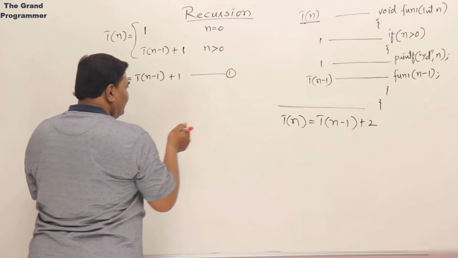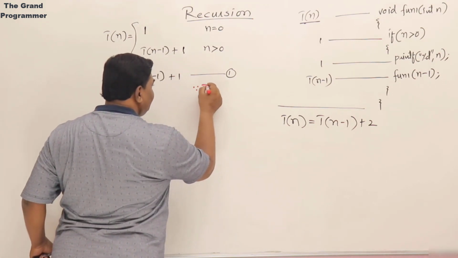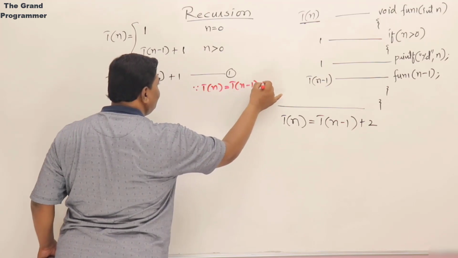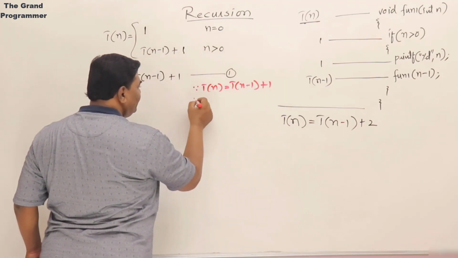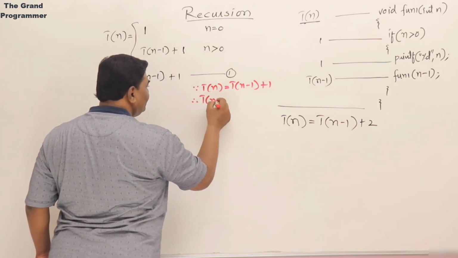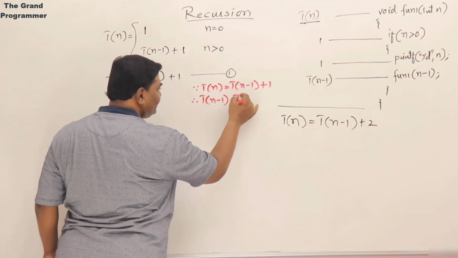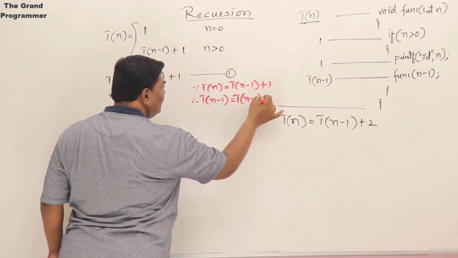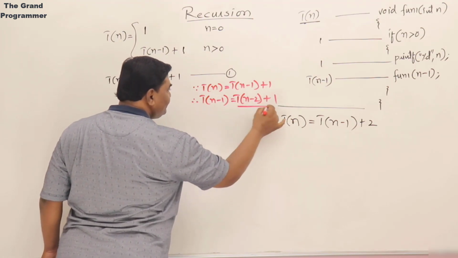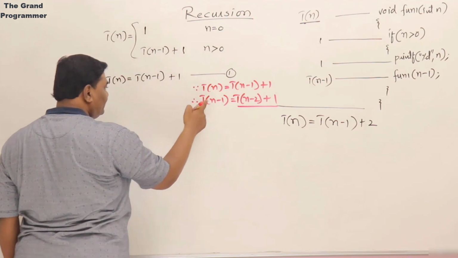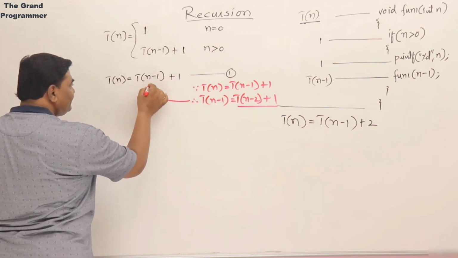Here I write, since T(n) is equal to T(n-1) plus 1, then what will be T(n-1)? If this is n, replace with n minus 1, so this will be T(n-2) plus 1. So I can substitute this one, T(n-2) plus 1, in place of T(n-1).